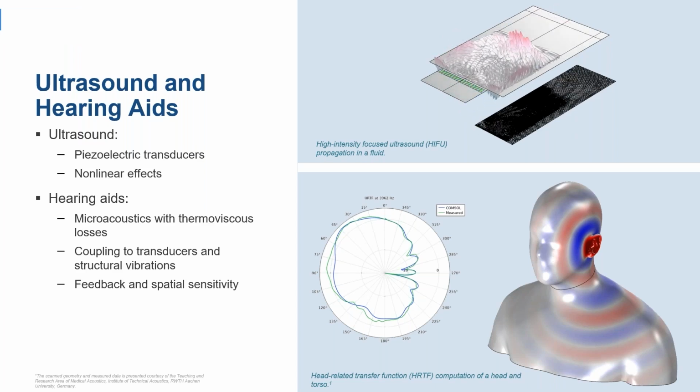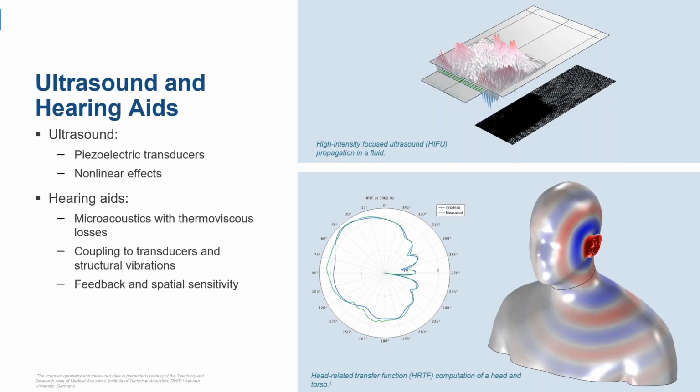So one interesting thing I remember when hearing about this is actually a cell phone manufacturer, I don't know, this is probably over 10 years ago, maybe 15 now. They were noticing that there was a big problem for the hearing aids and for the microphones because of these thermoviscous losses.